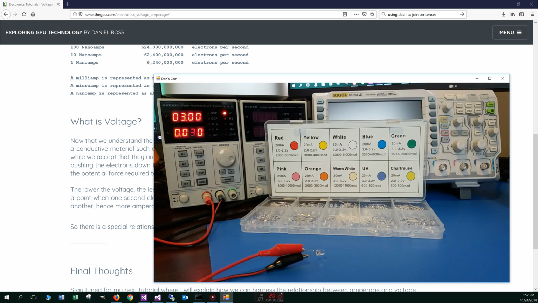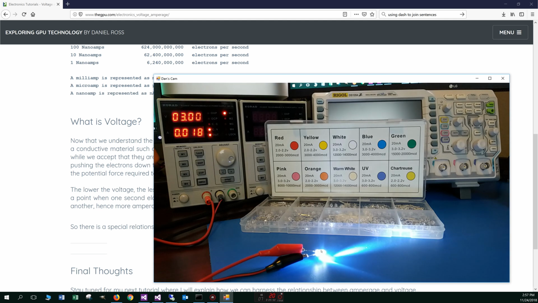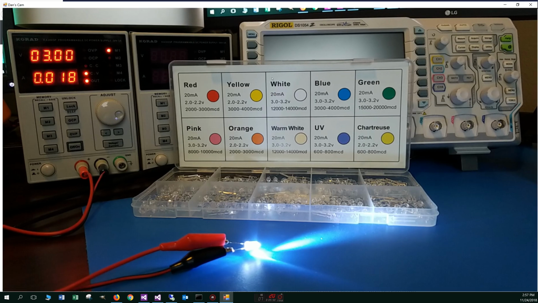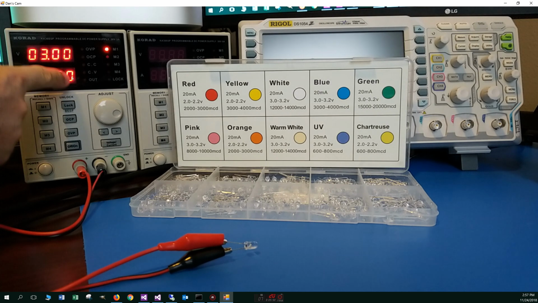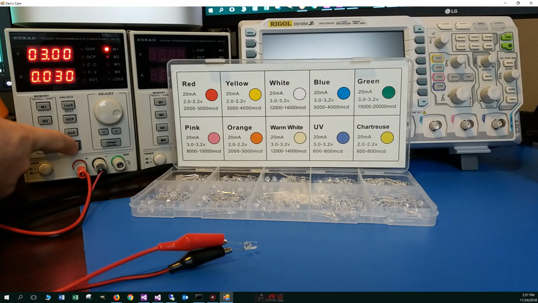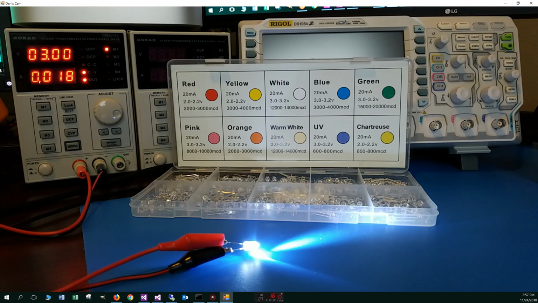Then we're going to go ahead and hit on. Now, of course, our consumption still, because we've only got 3 volts of potential pushing power, right? Pushing 18 milliamps through there. Even though I've got higher settings set to do 30, that's all that 3 volts can push through, right?